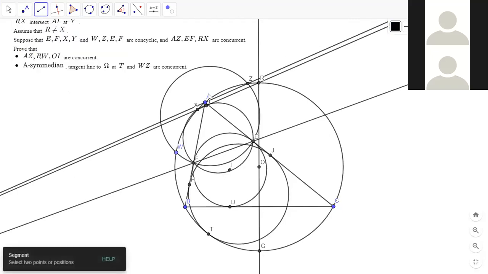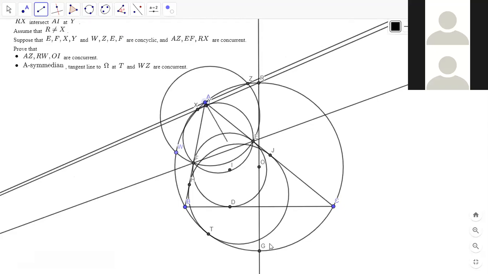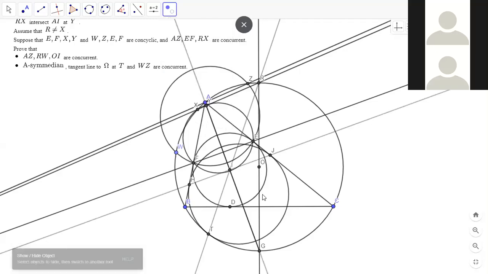So the first thing is it says prove that AZ, RW, and OI are concurrent. That doesn't even look true. Let's see. Maybe I didn't really draw it right.